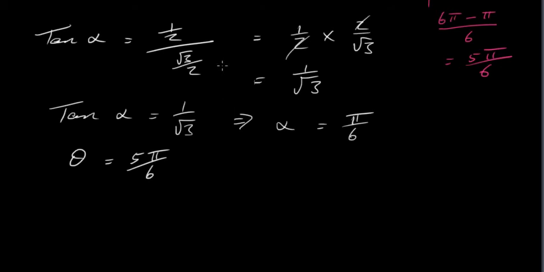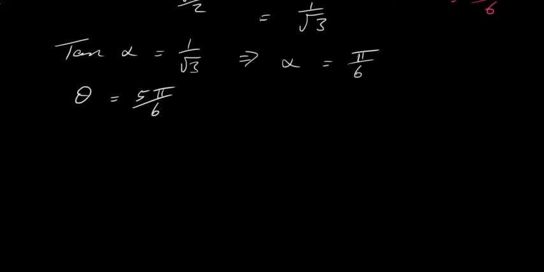So now I have everything. I can rewrite the complex number in polar form. So let's do that. So my original complex number was minus root 3 over 2 plus half I. So I just put a half here and I here.